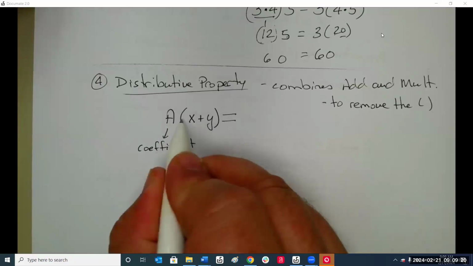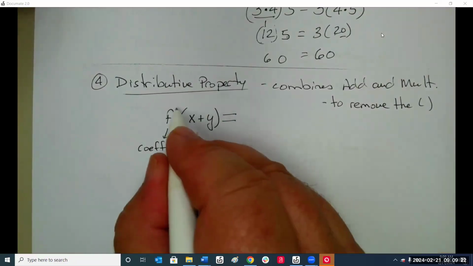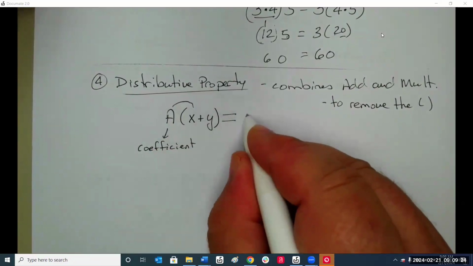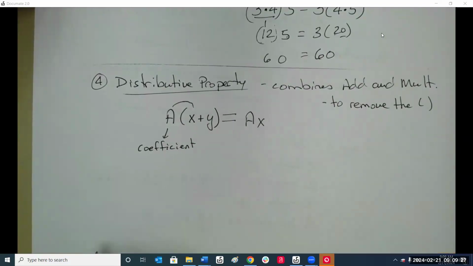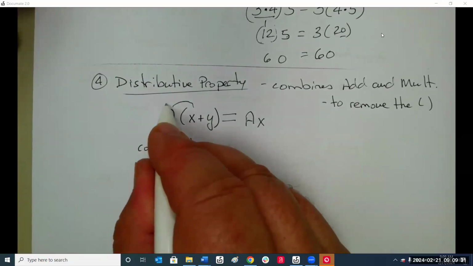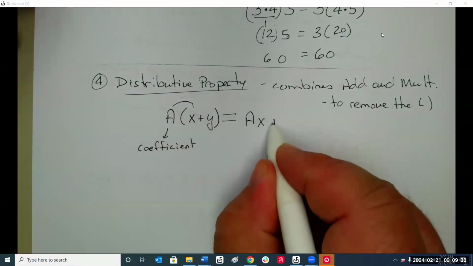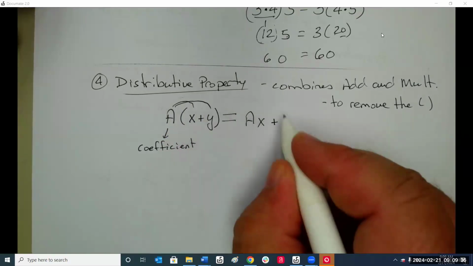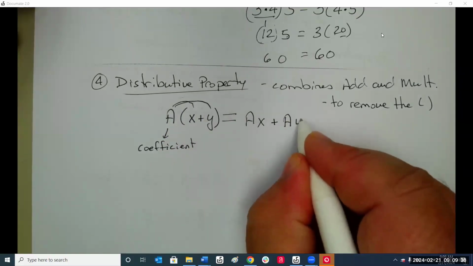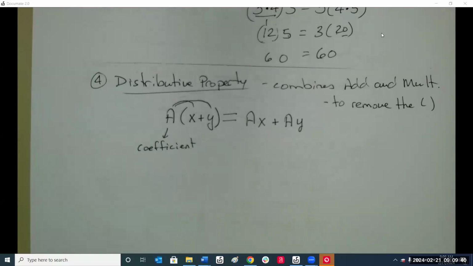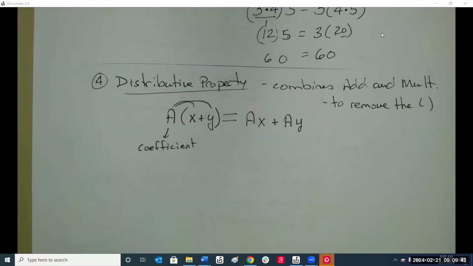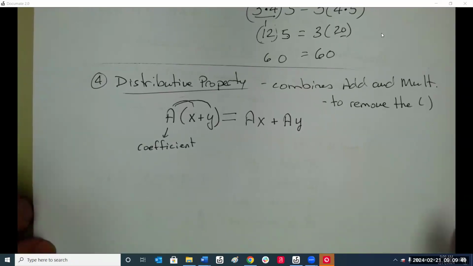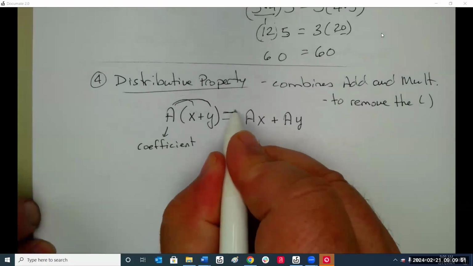Because this is A times, so every coefficient is multiplication. So A times X is AX. A is positive, times positive is positive. A times Y is AY. So it got rid of the parentheses for us. And now we can go further with our operation.